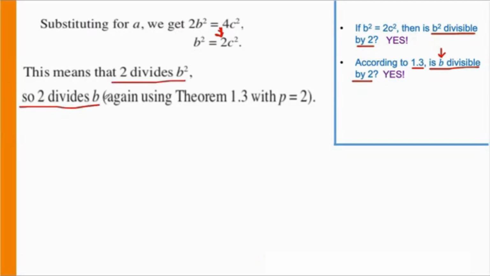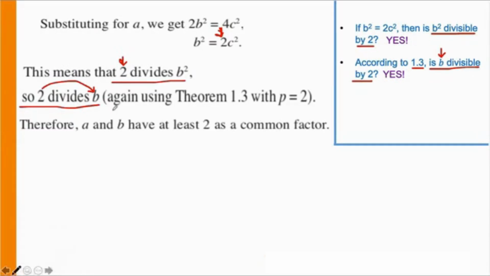So 2 divides b square and 2 divides b also. Again using Theorem 1.3, where p is equal to 2, that means the prime number is 2. And so if a prime number divides a square number, the prime number also divides its square root. So 2 divides b square and 2 divides b. Therefore, a and b have at least 2 as a common factor.